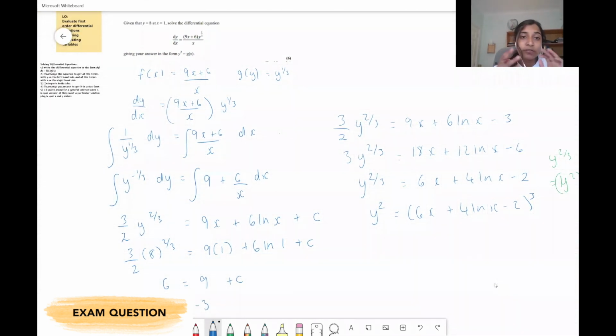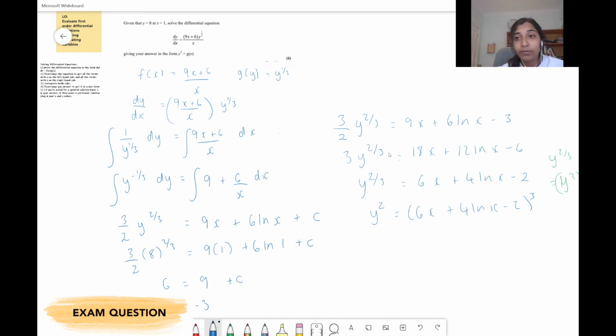So you just want to follow all your steps: find out what your f of x and g of y are, then separate your variables to have all your y variables on one side and all your x variables on the other side, and then integrate both sides as normal, plug in your x and y values to find what your c is, and then rearrange and manipulate your expression to make sure it's in the form that they give you.